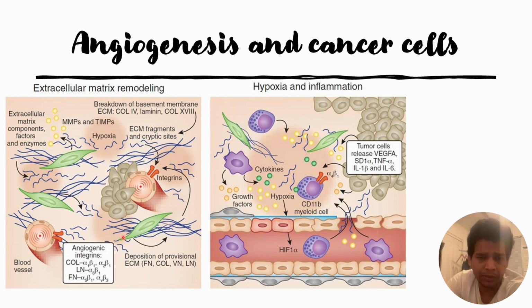This is one of the ways by which angiogenesis formation occurs. Another way is when the tumor cells directly penetrate into the blood vessels, which will trigger the immune response, and that immune response will be used towards the generation of angiogenesis, that is the formation of blood vessels for their nutrient supplies.